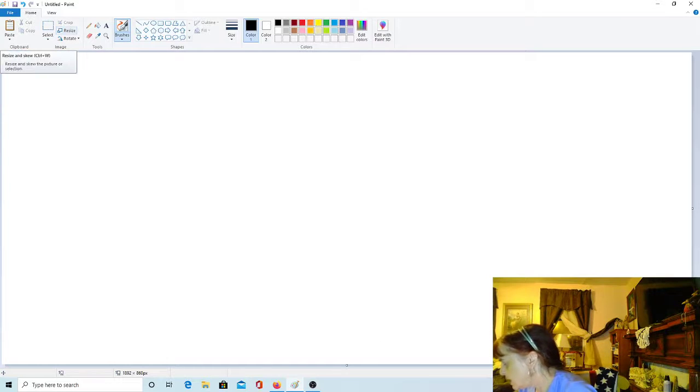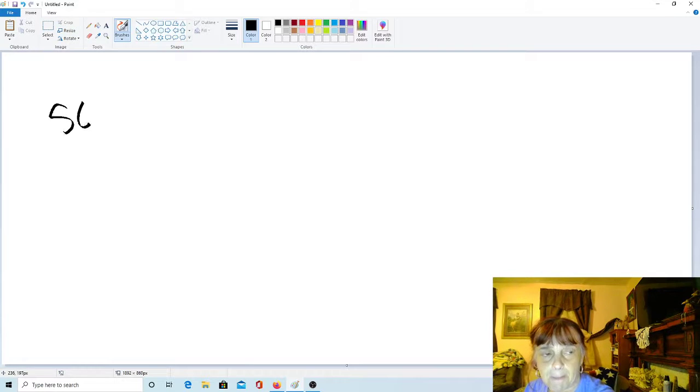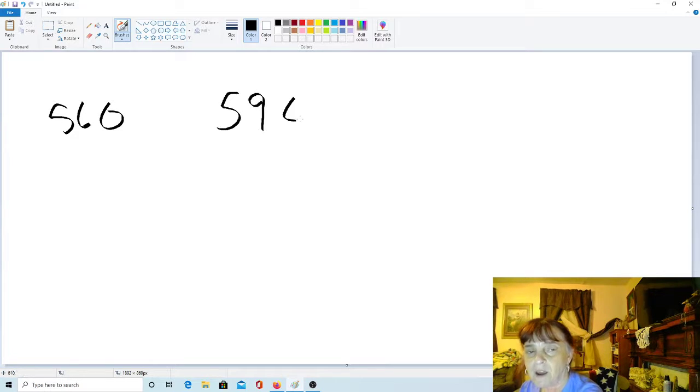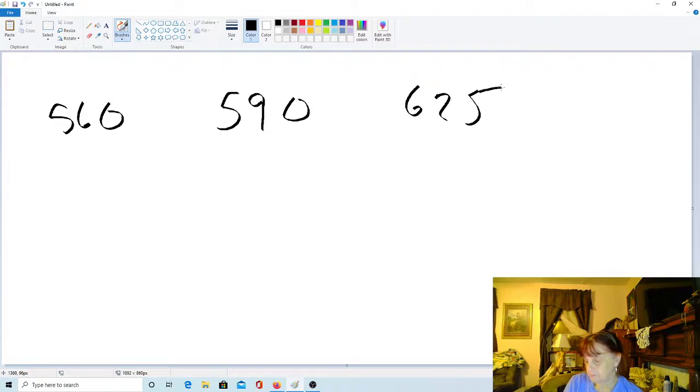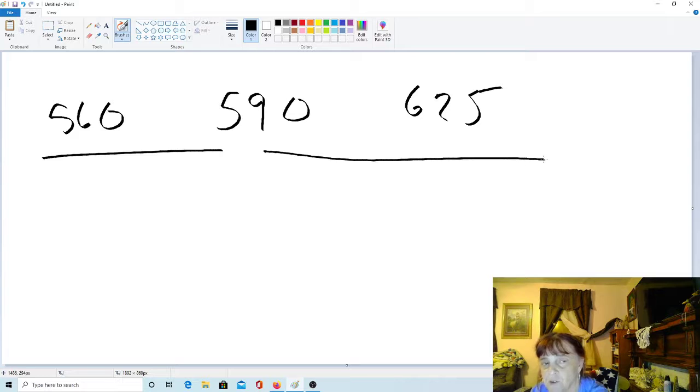The first quartile is $560, and the median is $590, and then the third quartile is $625. Okay, so this is the median. So this is like 50% of the data is here, 50% is there.